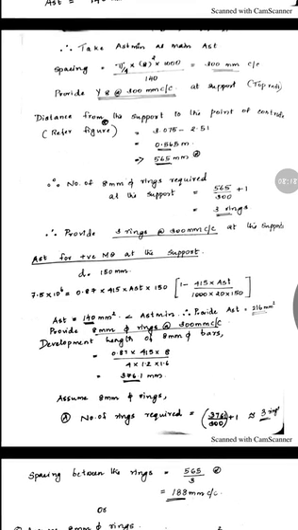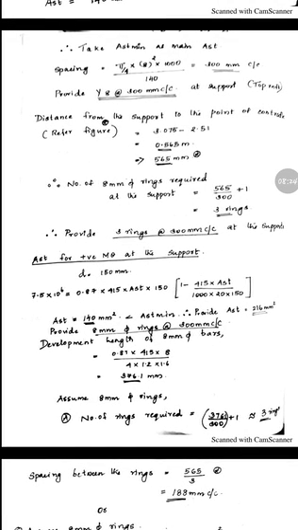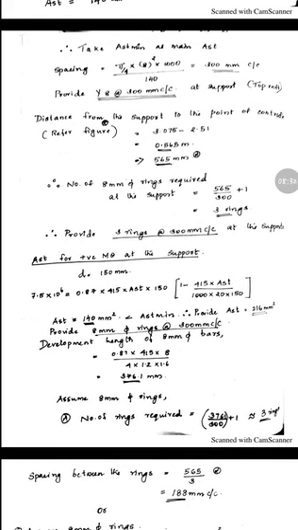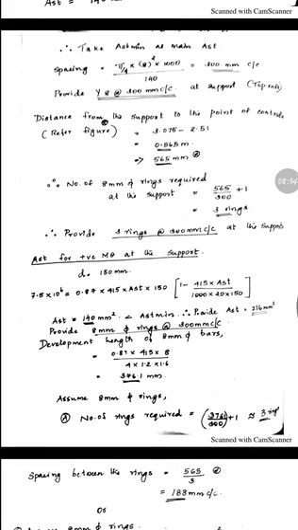And again we have to calculate the AST for the positive M theta at the support. That is the M theta diagram. Just remember, in the M theta diagram, there will be positive M theta which has to be given at the support, positive M theta in the form of rings. So for that, AST equal to 7.56 into 7.5 into 10 raised to 6.